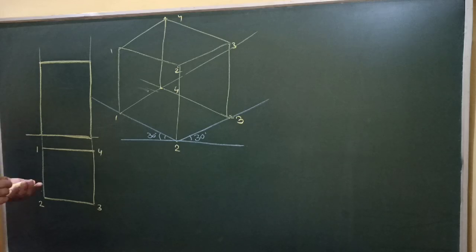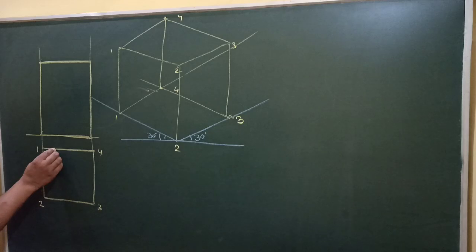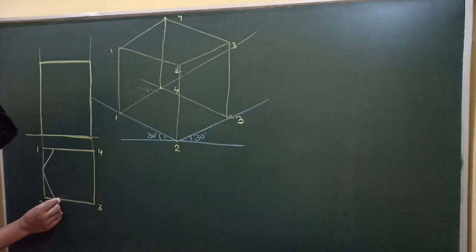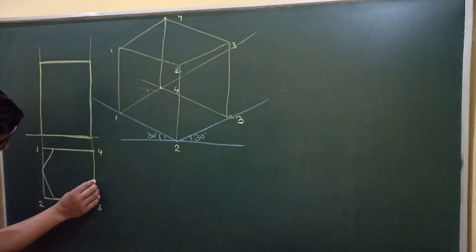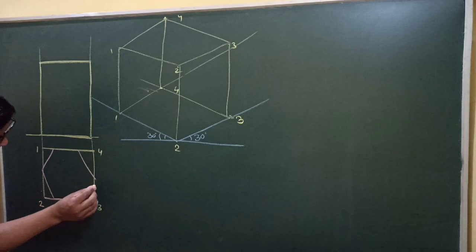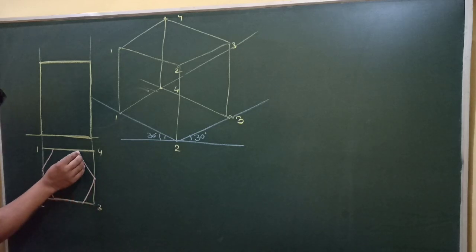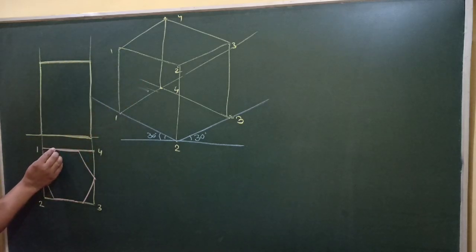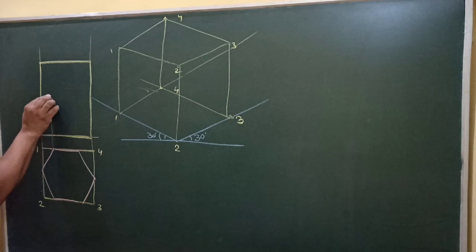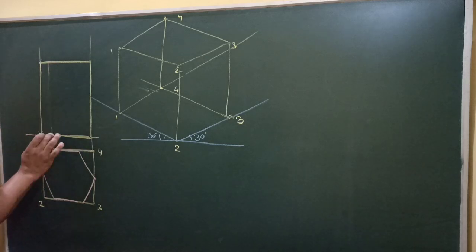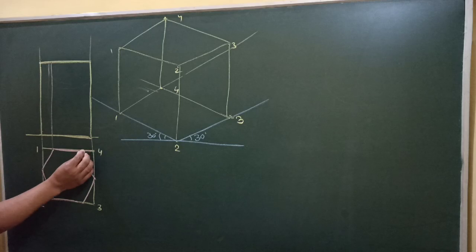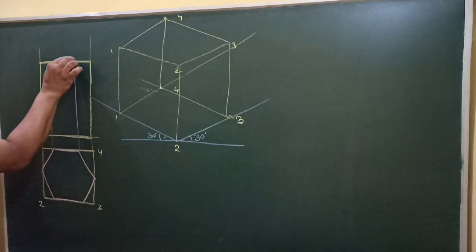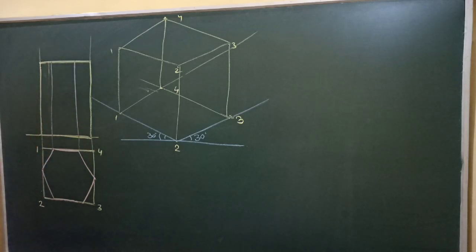Now in case it would be a hexagonal prism, rather than a square prism, so that you are having front view and top view of this prism here, right?